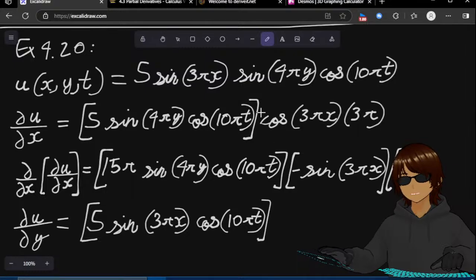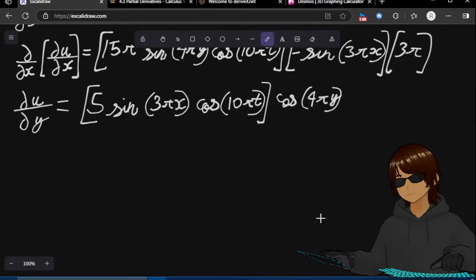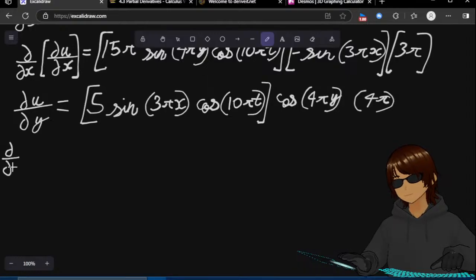And now we differentiate this. This becomes cos 4 pi y and 4 pi.